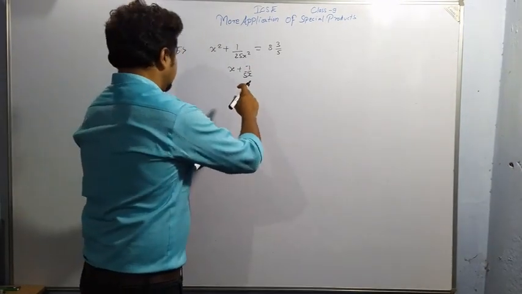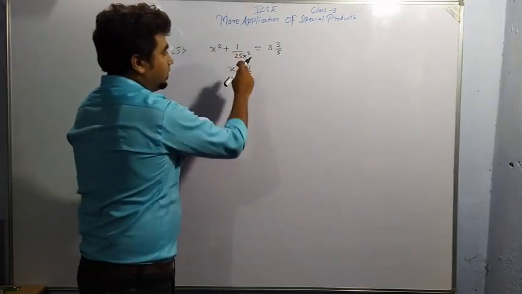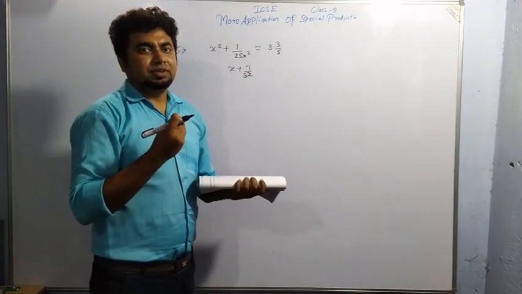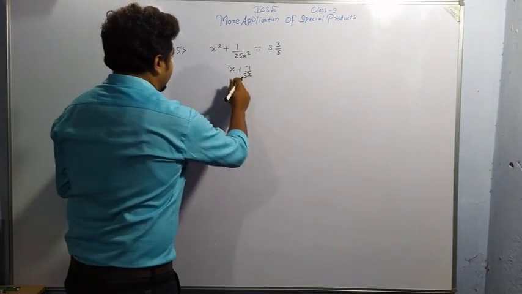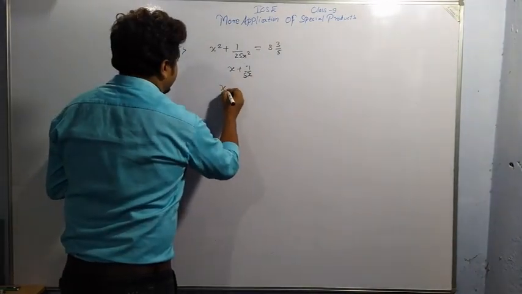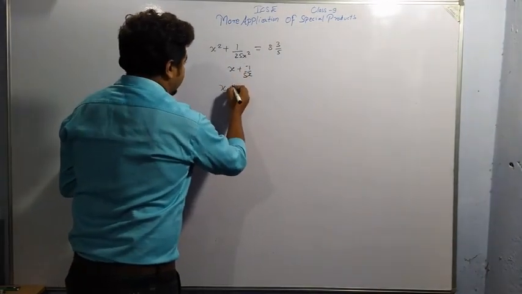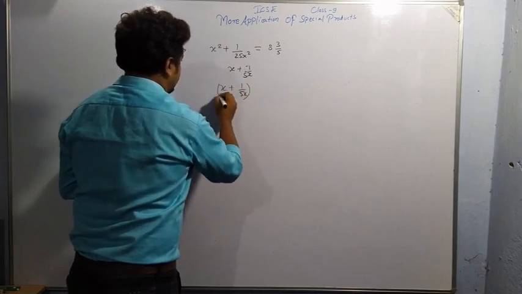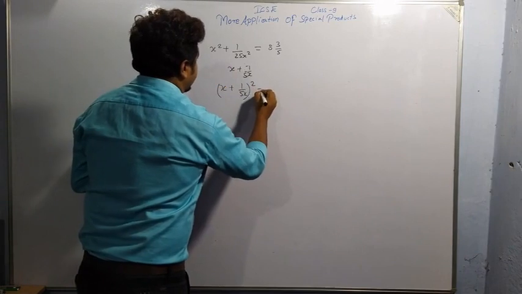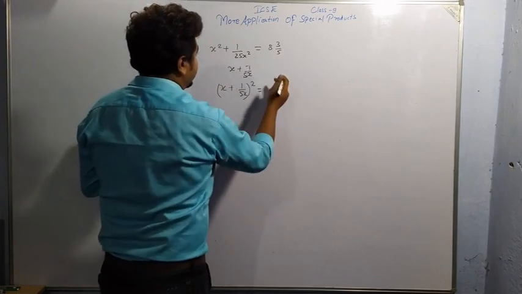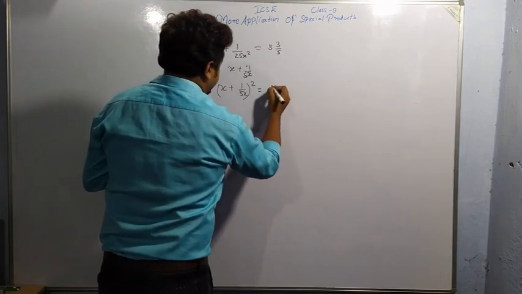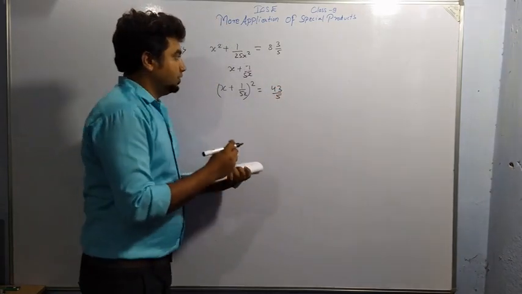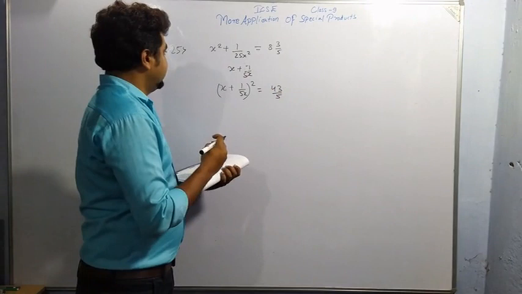So from here we are getting that x square plus 1 by 25x square means a square plus b square term. We can say that is given to us. So from here we will be squaring. If we have to find a plus b, means we have to square x plus 1 by 5x whole square is equal to 8 5s are 40, and this is 43 by 5.